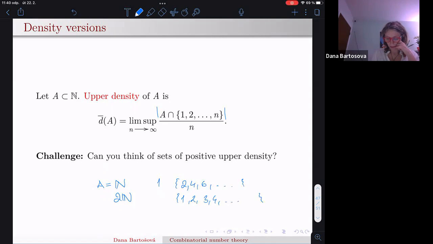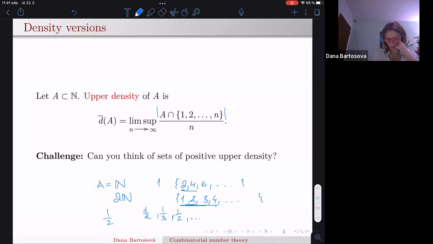So if I look at what goes into this limsup, then if I just go over 1, I have nothing. So that would be 0. Then if I go to 1, 2, then I have 2 in there. So I'll get 1/2. Then in 1, 2, 3, I get 1/3, and then in here I get 1/2, and so on, right? So I cannot quite get close to 1, but I can get 1/2.